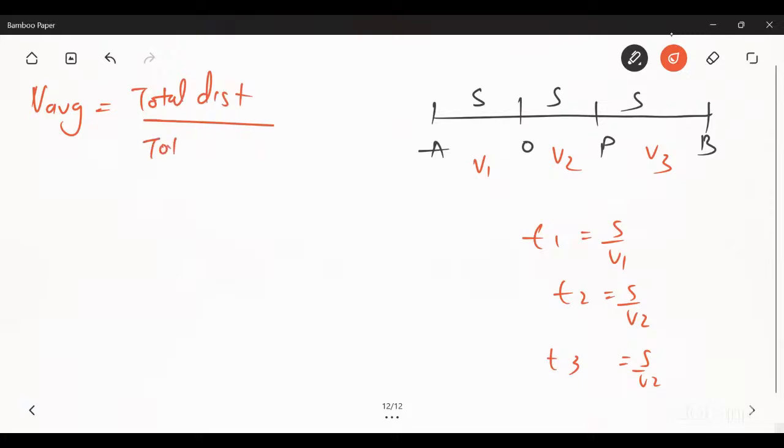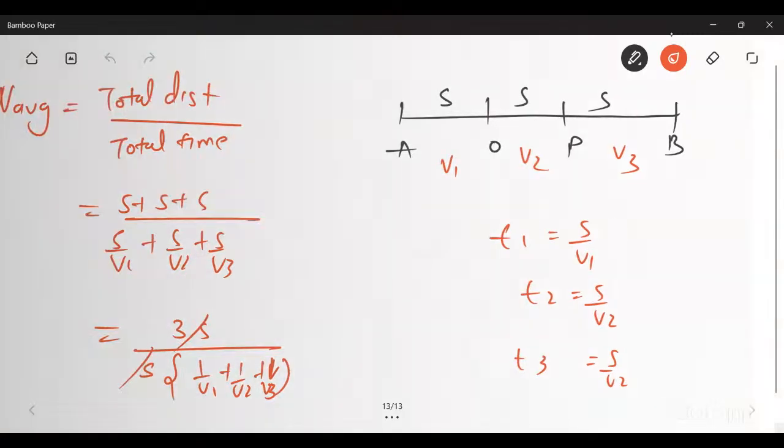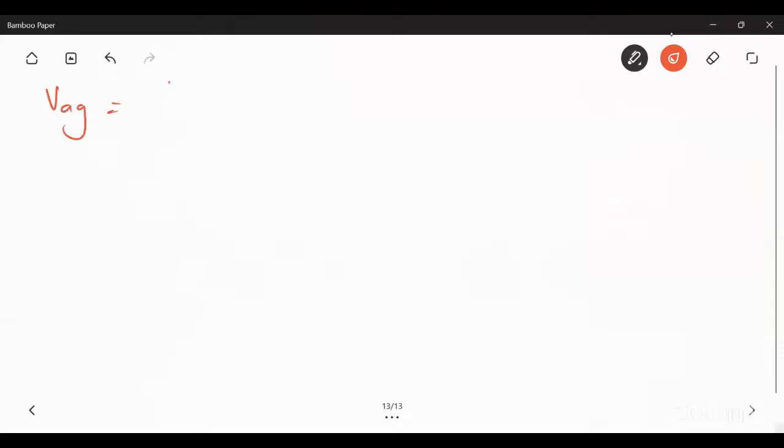The total distance is S plus S plus S, upon S upon V1 plus S upon V2 plus S upon V3. In the numerator you get 3S, and taking S common in the denominator, 1 upon V1 plus 1 upon V2 plus 1 upon V3. S will be cancelled, so V average is 3 upon (1 upon V1 plus 1 upon V2 plus 1 upon V3).